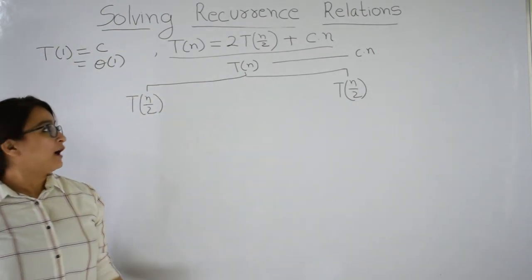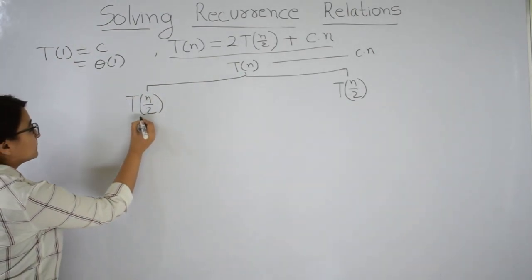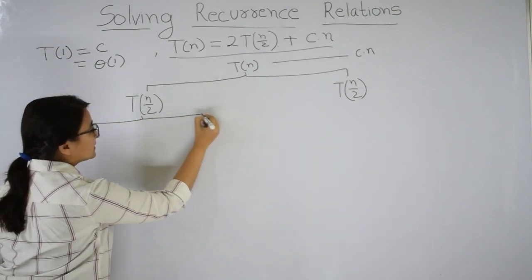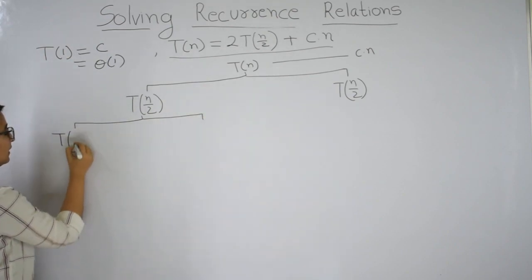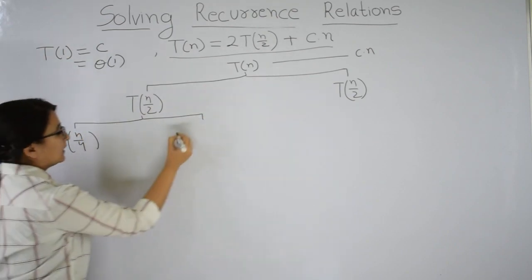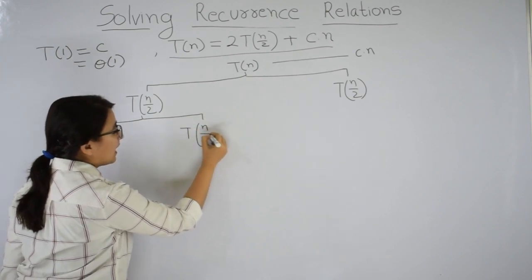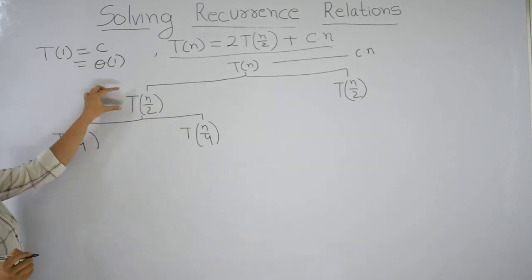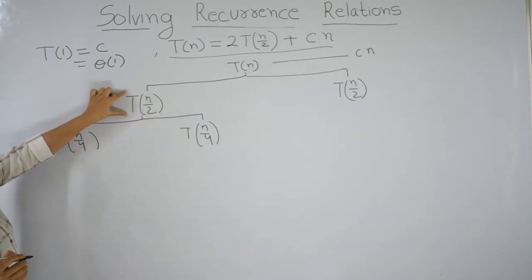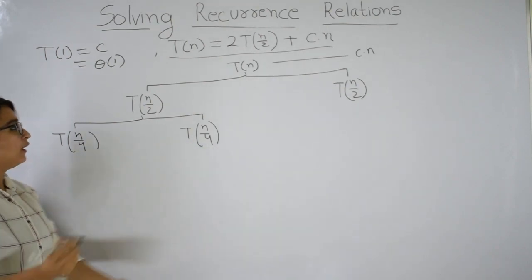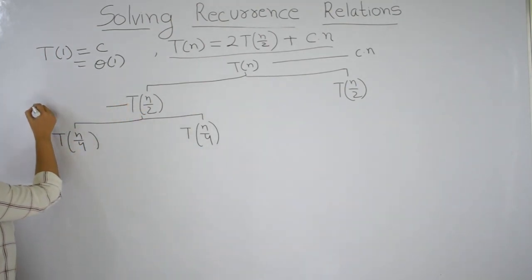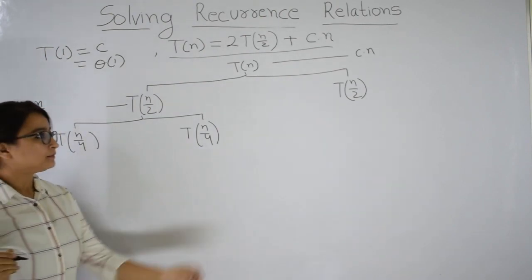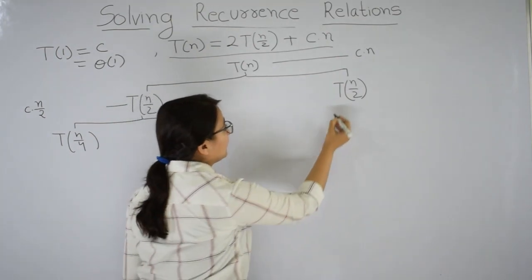Now this could be written following the same format, half the size over here and half the size over here. So T of n by 4, two calls will be made to the same algorithm on half of this current input size, half of n by 2, so it is n by 4 and n by 4. This will take time c into n by 2. Here also the same thing will happen.